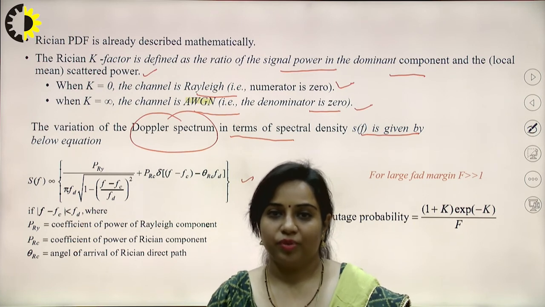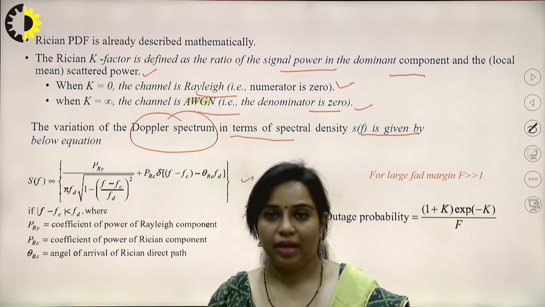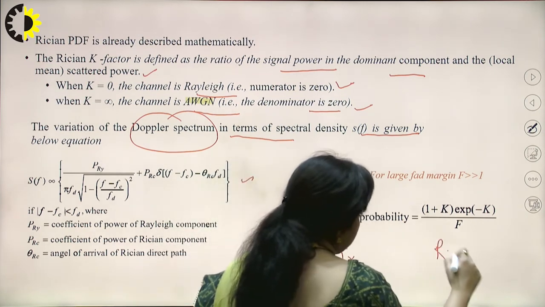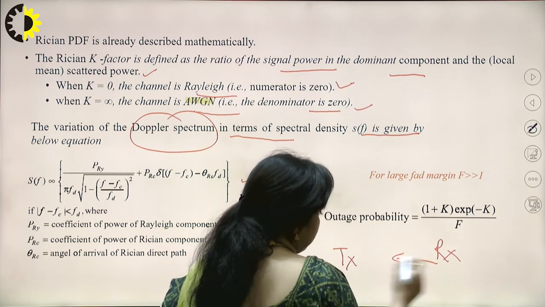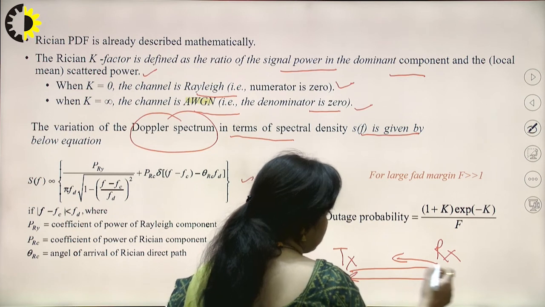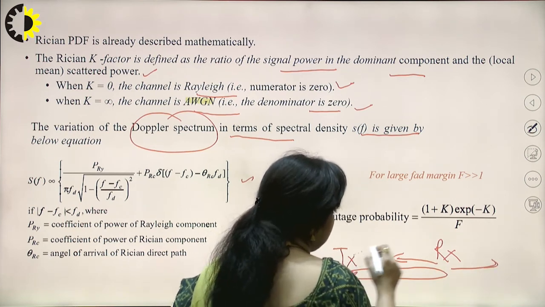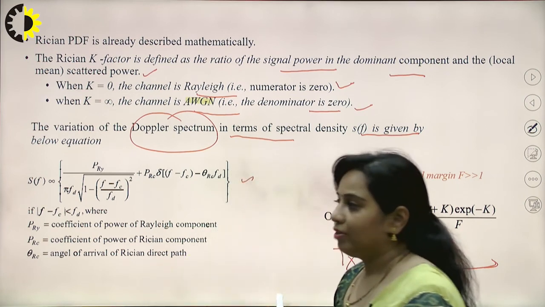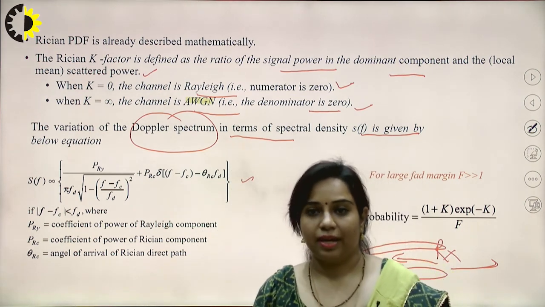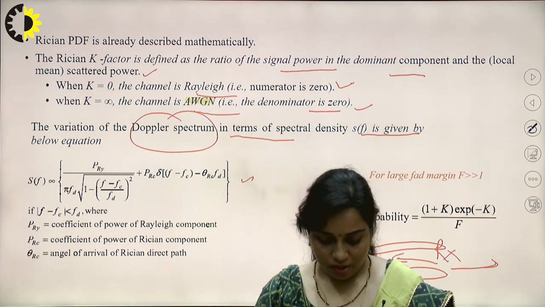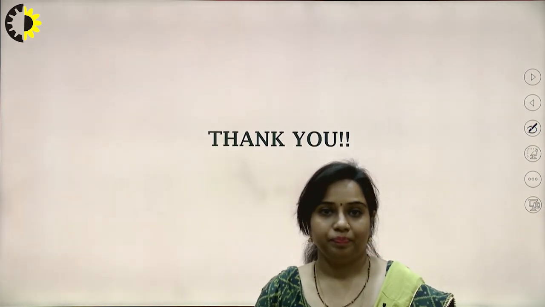If it is moving towards the transmitter, then the Doppler frequency will be added. Let's say this is the transmitter side and this is the receiver side. If it is moving towards the transmitter, the received frequency will be increased, and if it is moving away from the transmitter, then the frequency will be reduced, meaning it will be subtracted. So the signal we receive depends on whether the receiver is moving towards the transmitter or away from it.